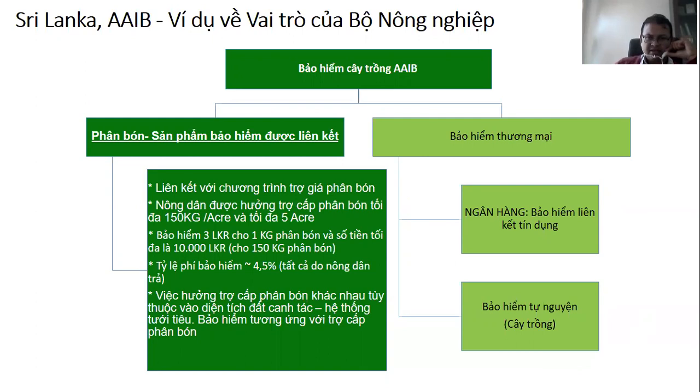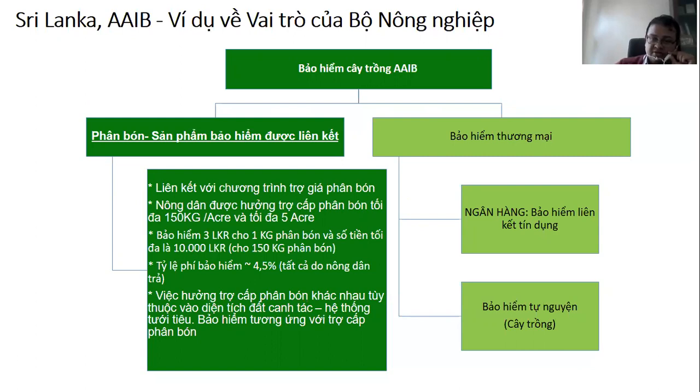Essentially, they have a few different products there, including commercial insurance that's being rolled out with banks on a credit linked basis. So the insurance is bundled with agricultural loans. They also have a voluntary crop insurance product that farmers can subscribe to, which also covers commercial crops, such as coffee and tea.